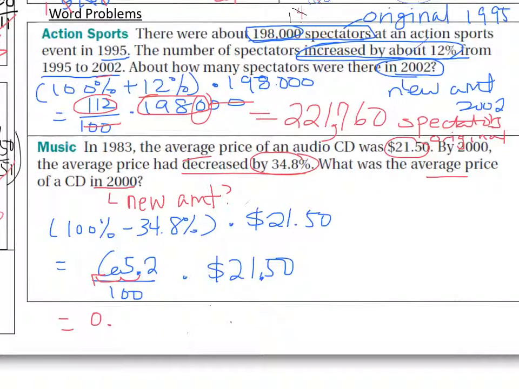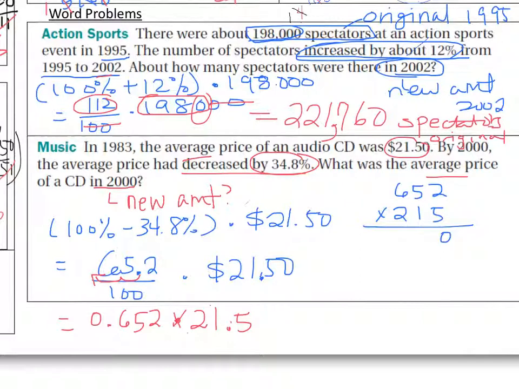So we get 0.652 times 21.5. Okay, this is multiply. And just go ahead and use multiplication. 652 times 215. Notice I took out the decimal signs. I don't want to worry about it right now.